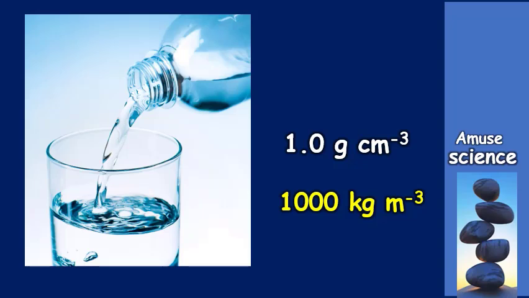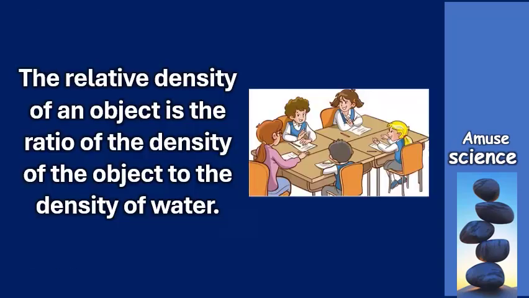When we really want to explain the concept of relative density, we have to find the ratio of the densities of two substances, the one we are looking for and that of water. The relative density of an object is the ratio of the density of the object to the density of water. As simple as that.